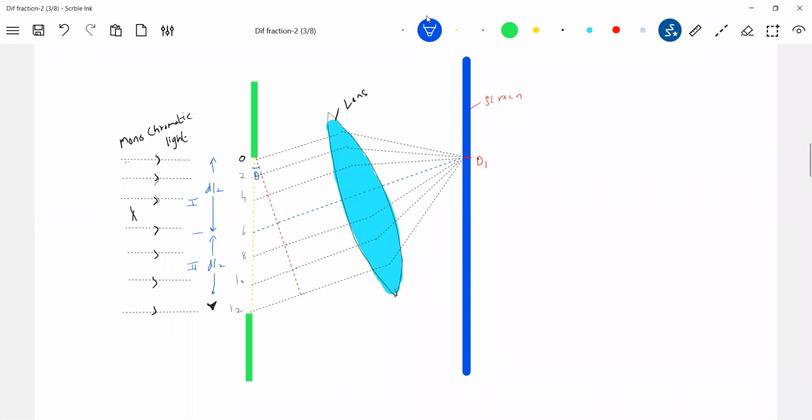Sin theta 1, I'll write it. So what is this path difference between 0 and 12? Let it be lambda. Therefore, between 6 and 0 will be lambda by 2.